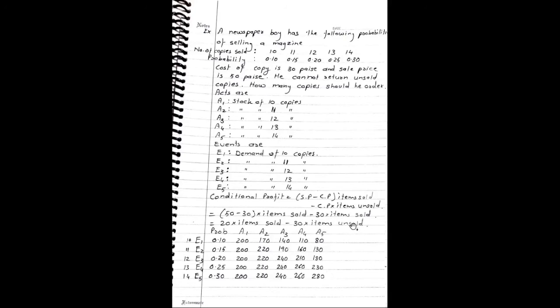Now we will draw the table E1, E2, E3, E4, E5. The respective probabilities are 0.10, 0.15, 0.20, 0.25 and 0.30. A1, A2, A3, A4, A5. So first of all, we'll draw the blank table.